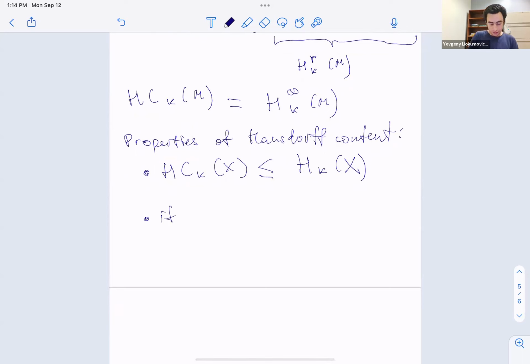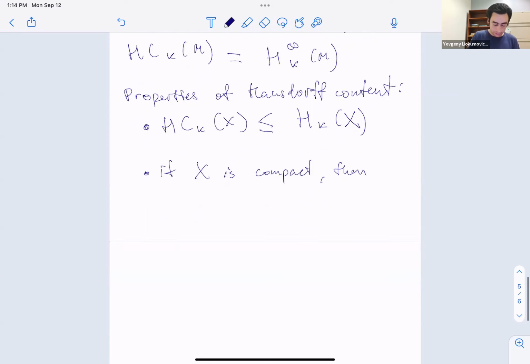Now, if X is a compact metric space, then Hausdorff content is finite. So we can take, for example, a three-dimensional manifold and measure its two-dimensional or one-dimensional Hausdorff content, and they will be finite, unlike the Hausdorff measure.